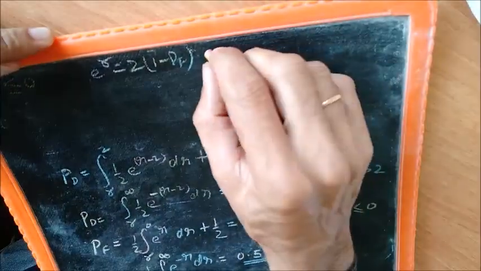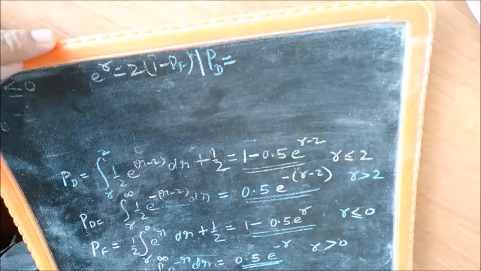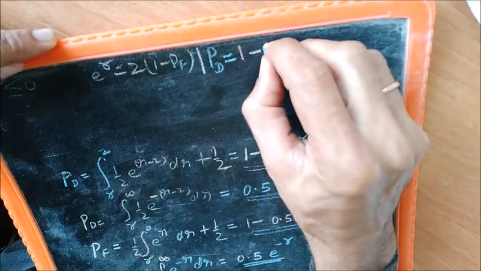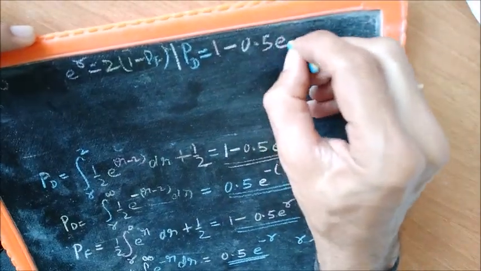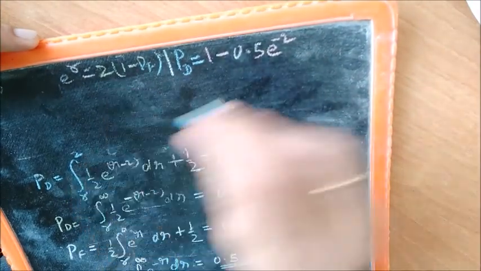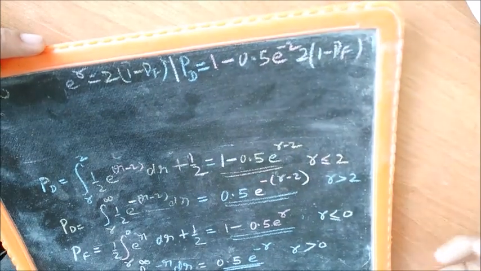So using this I can write PD as equal to 1 minus 0.5 e raised to minus 2 into e raised to gamma. So that e raised to gamma I will write as 2 into 1 minus PF.